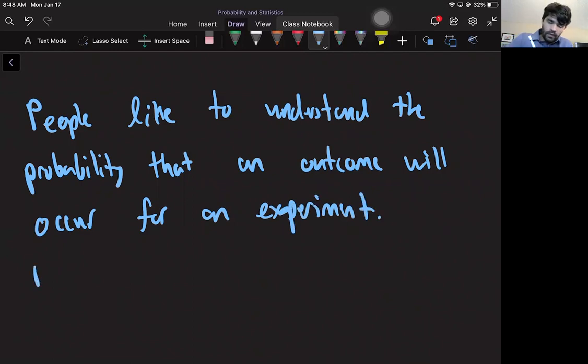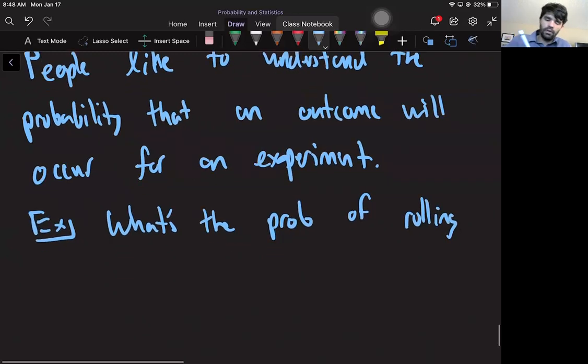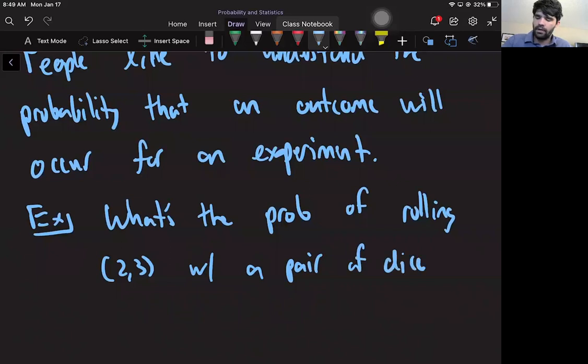So this is where, like in high school, you see questions like, what's the probability of rolling, in our language, we would say rolling a 2, 3 with a pair of dice. But in high school, they would say, what's the probability of rolling a 2 and then a 3?